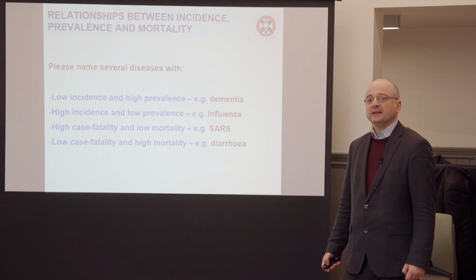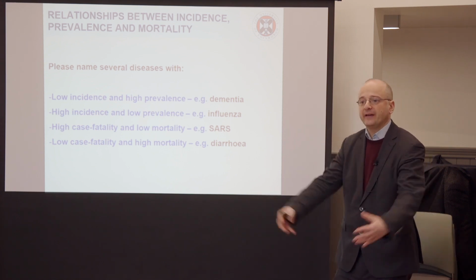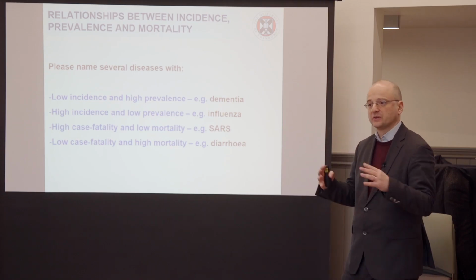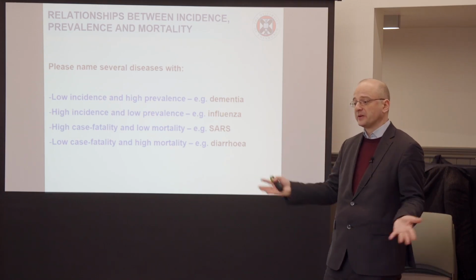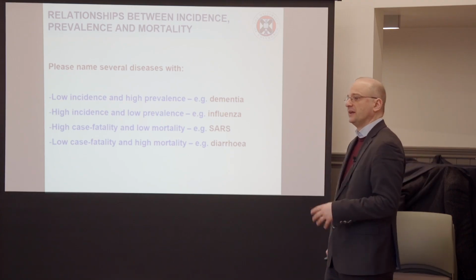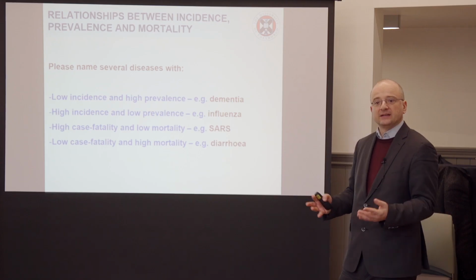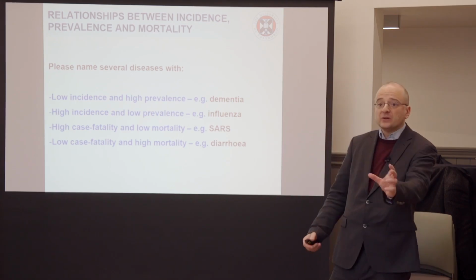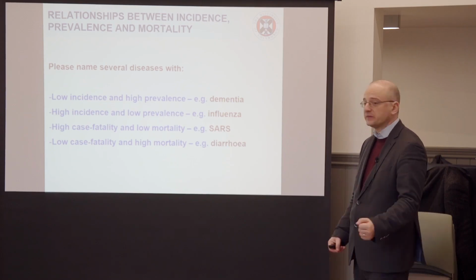What does this mean? That means that among those people who were affected, quite a few of them died. It was a high percentage of those who were affected that died. But in terms of overall mortality in the population, so few people were affected in the first place in those airports or wherever it was spreading, that in mortality it was almost insignificant for that year. But among those who were affected, the case fatality was very high.